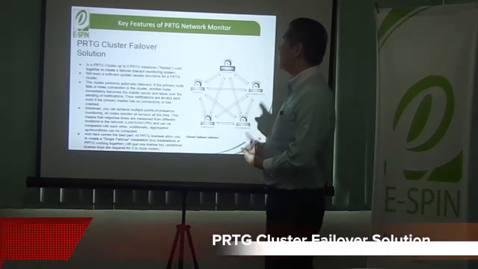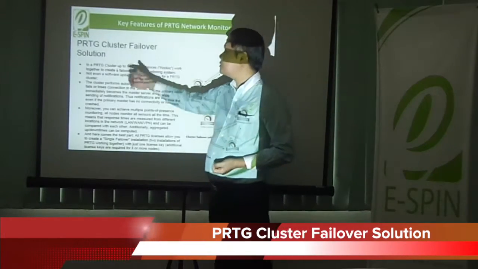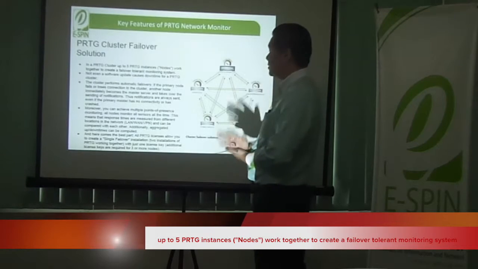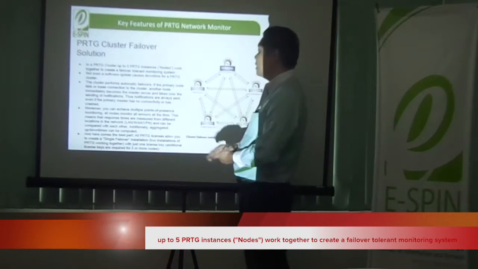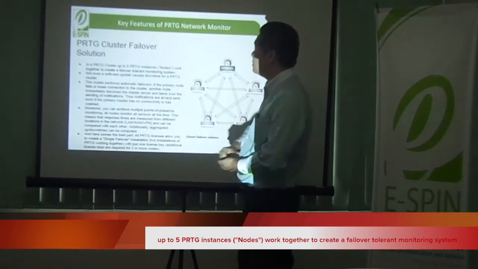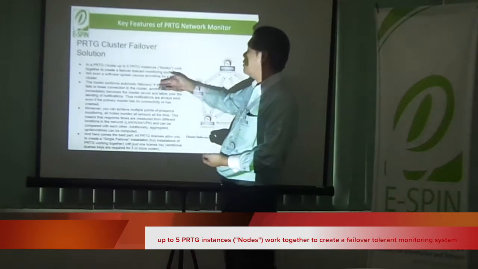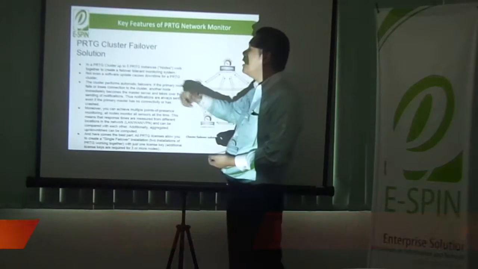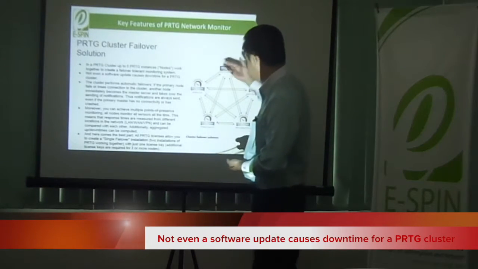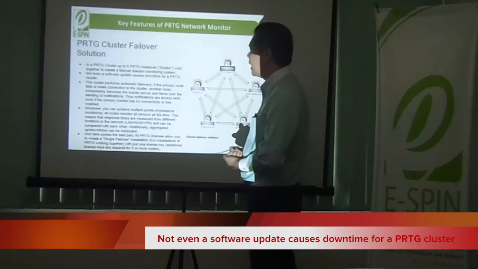Key features: PRTG cluster failover solutions. A PRTG cluster can have up to 5 instances, we call them nodes, working together to create a failover-tolerant monitoring system, right? Not even a software update causes downtime for PRTG with this kind of cluster.